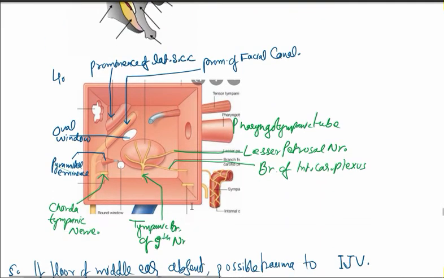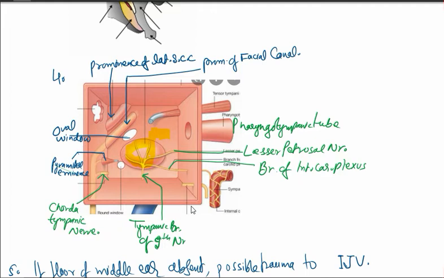Next image. This is a diagrammatic representation of the middle ear. This bulging is the promontory, and this is medial. This is the floor, and the roof above is the tympanic membrane, which is removed here to look through at these internal structures.